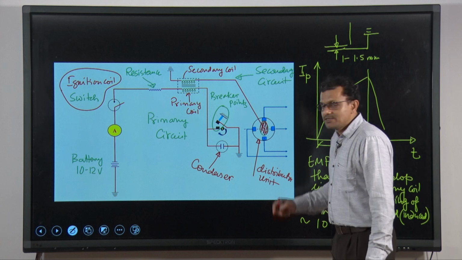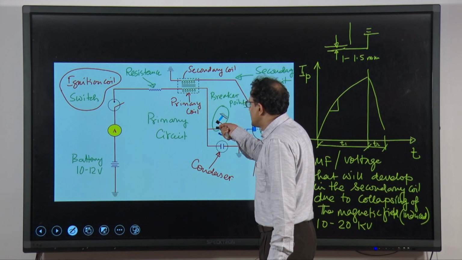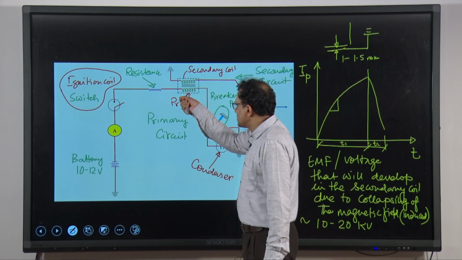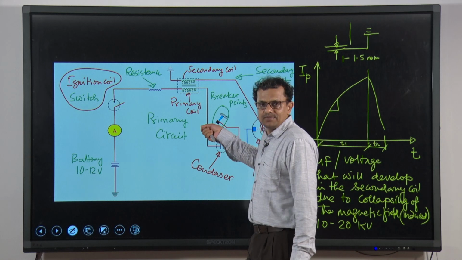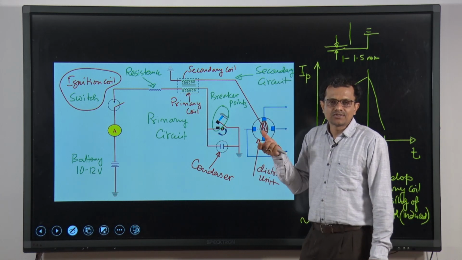So, if the engine speed increases, as I said, this would be so fast that there will be some current flow through the primary coil, but either the collapsing will not be proper, or the collapsing of the magnetic field will be delayed, or even the building process would be delayed.